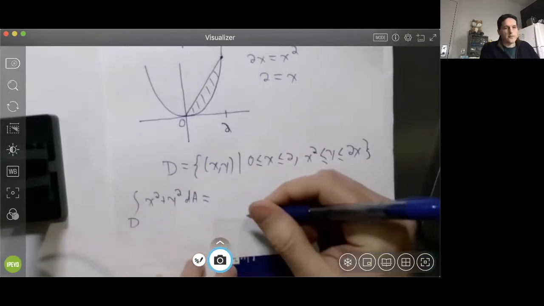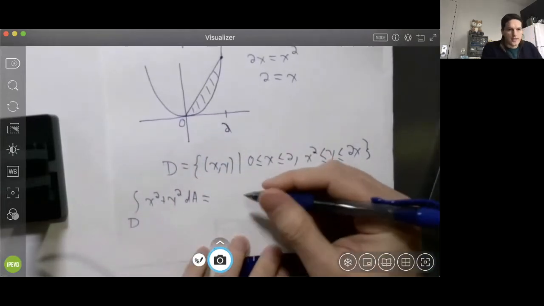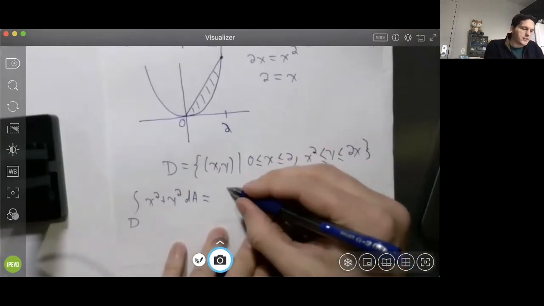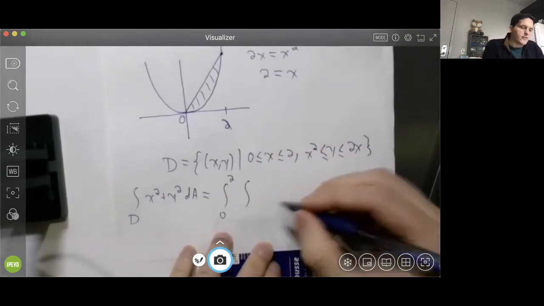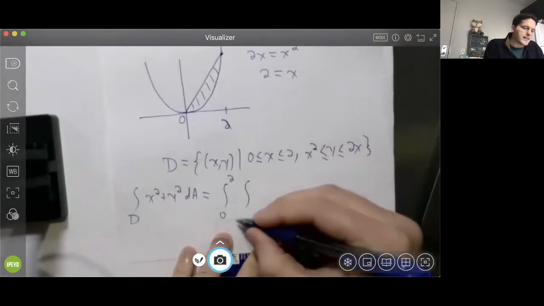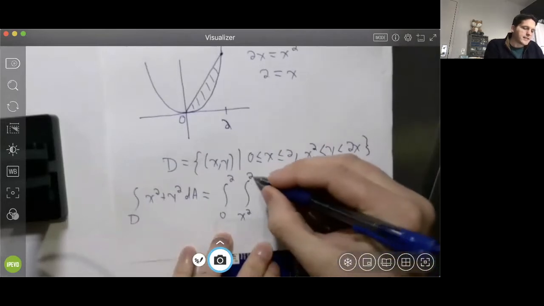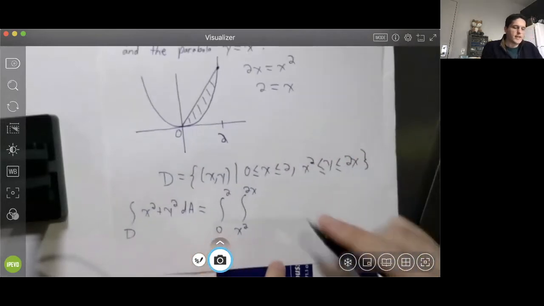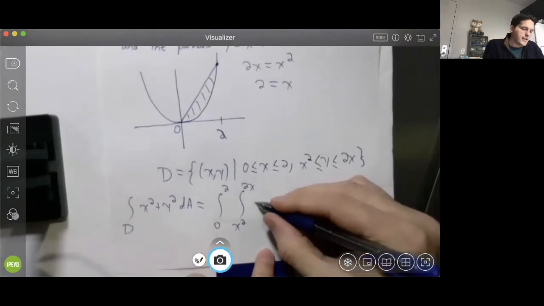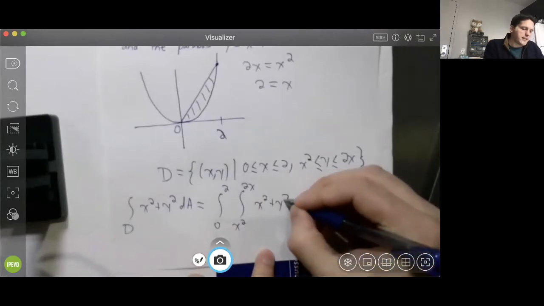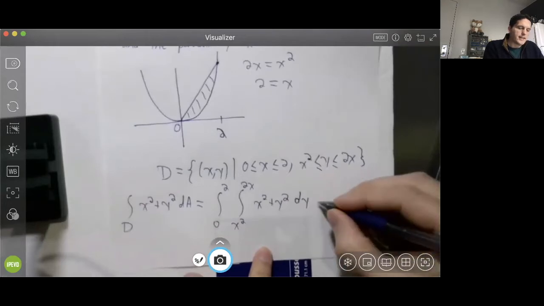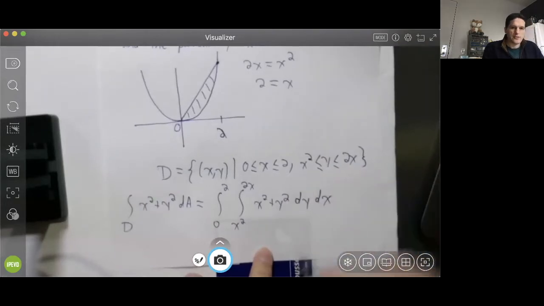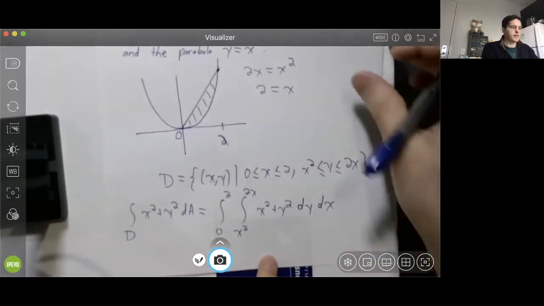And according to our formula for integrating over a type 1 region, this integral is equal to the integral from 0 to 2 of the integral from x² to 2x of x² + y². The inner integral is with respect to y. The outer integral is with respect to x.